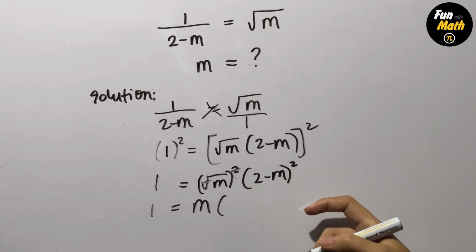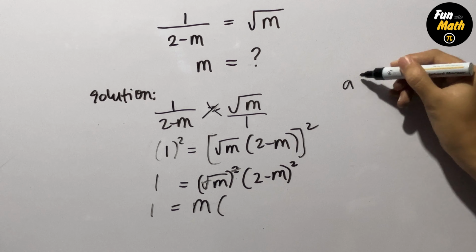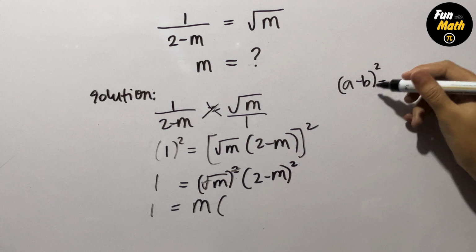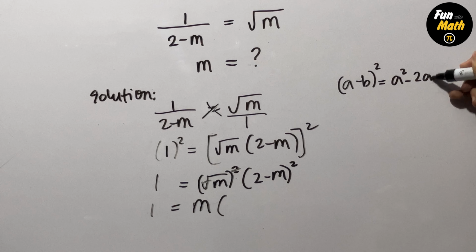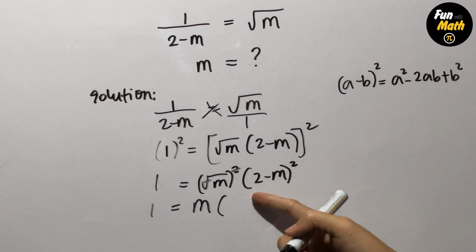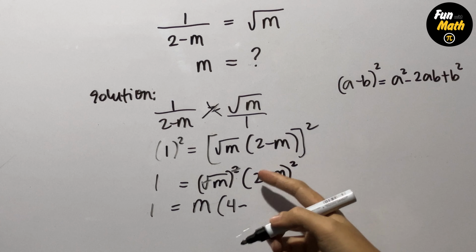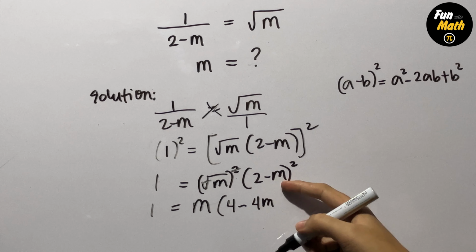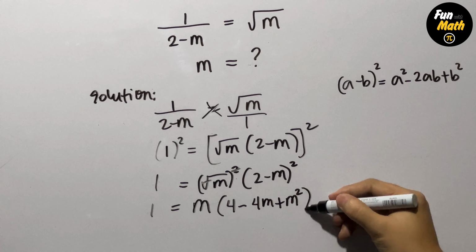We can follow the rule of identity. We have a minus b whole to the power of 2, which is also equal to a squared minus 2ab plus b squared. So this is now 2 squared, that is 4, minus 2 times 2 times m, that is 4m, negative, m to the power of 2, that is positive m squared.